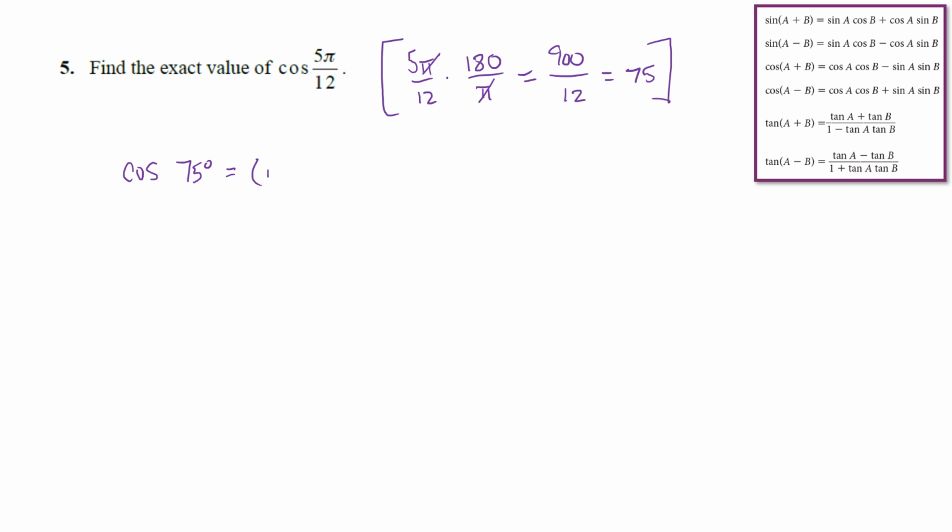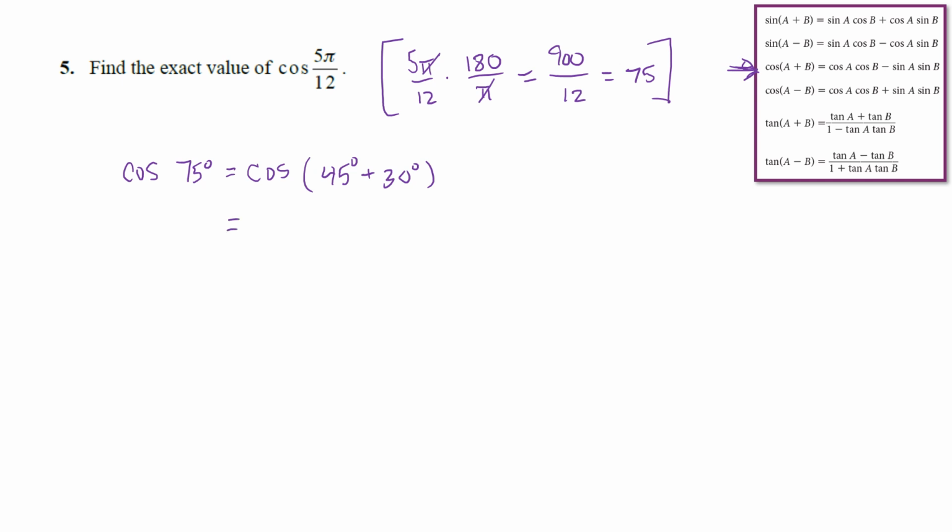So now I want to rewrite 75 as either the sum or difference of two angle measures. I'm going to do the sum because I know 45 plus 30 is equal to 75. So I'll use the sum of two angle measures formula to help me find the cosine of 75.